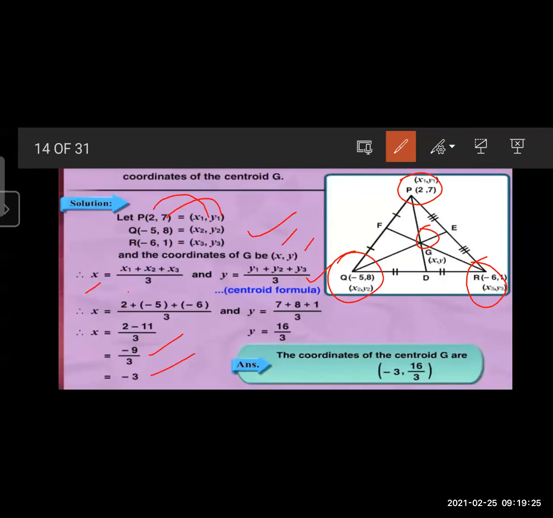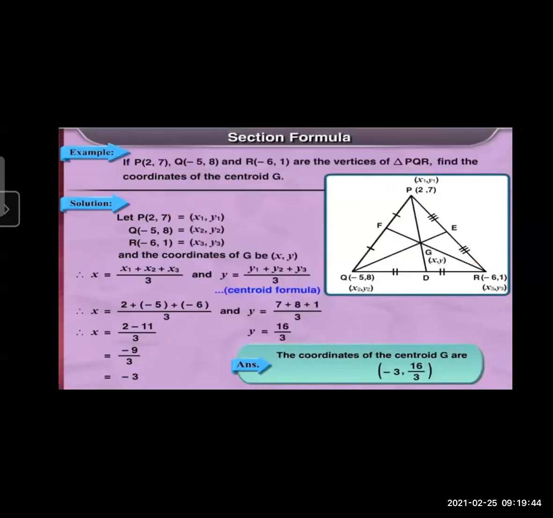Cancel it, we get x is equal to minus 3. Similarly, we find y is equal to 7 plus 8 plus 1 divided by 3, that is 16 by 3. So take it as the coordinates of the centroid G are minus 3, 16 by 3. Okay. So here we find the coordinates of the centroid.